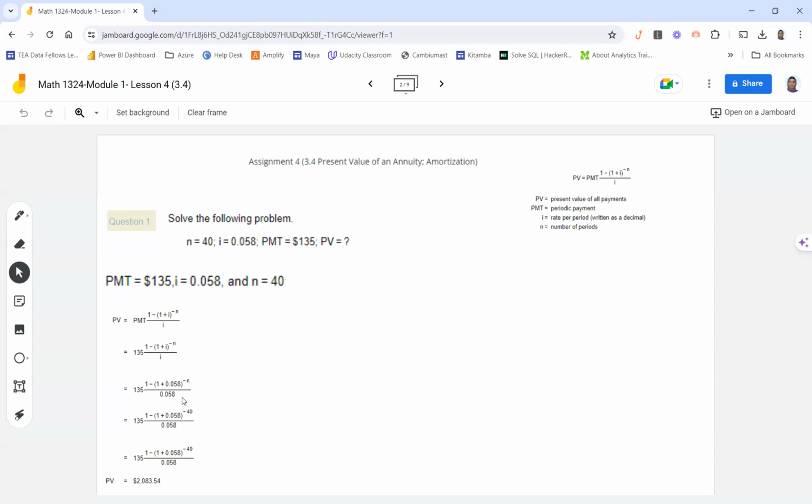If we enter this into the calculator, we will find that the PV is equal to $2,083.54. And this is also the formula and the explanations.